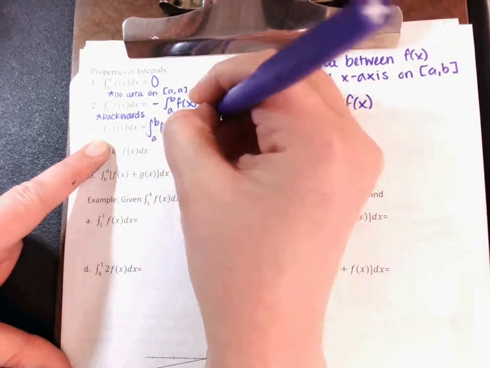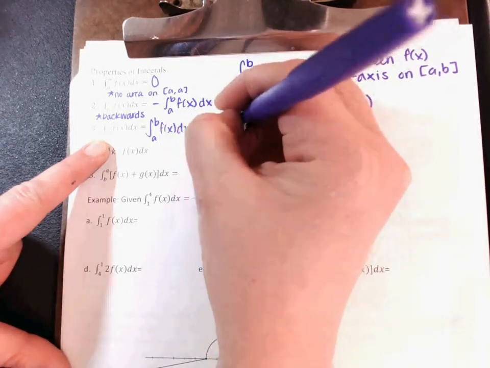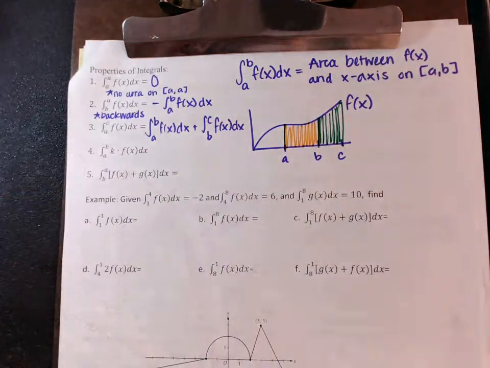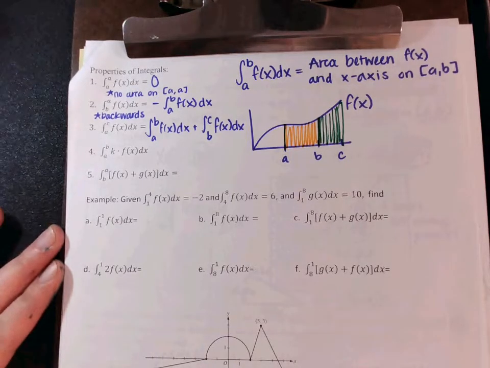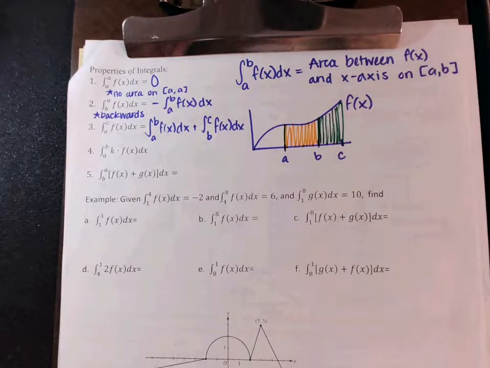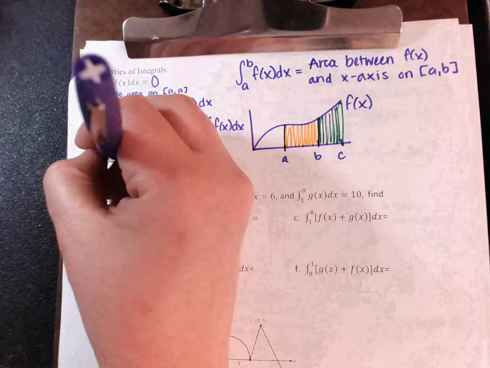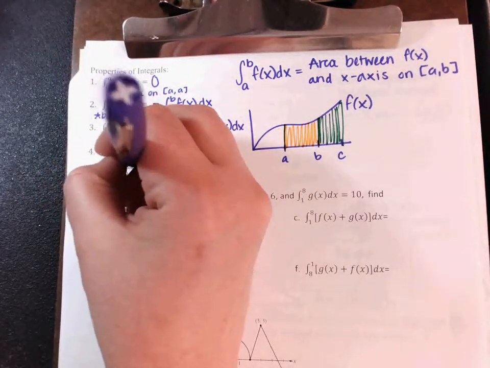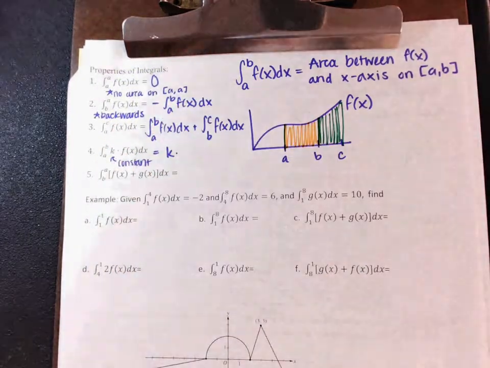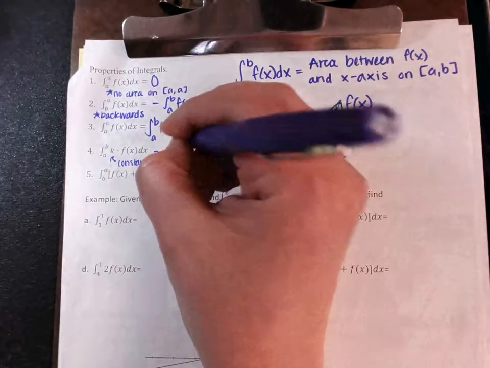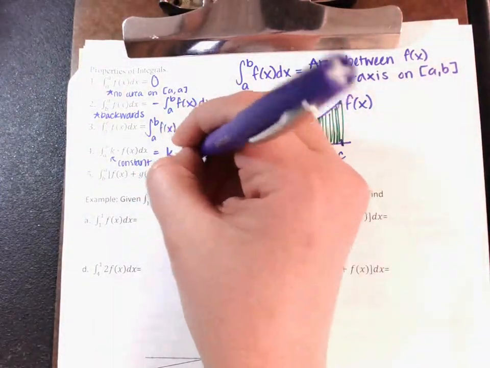It's just showing that you can break it up, and you'll see why when we get to this next section. So basically, if you have two integrals that are next to each other, you can just integrate straight through. Next one, if you have k, that's a constant, then you are allowed to take that constant to the outside and then just multiply it by the integral at the end.